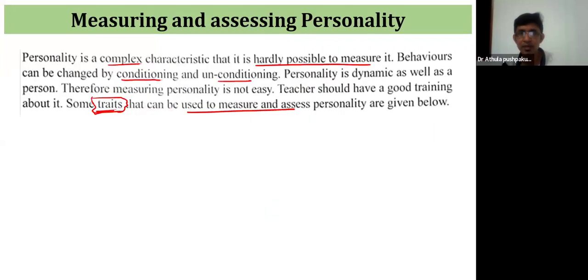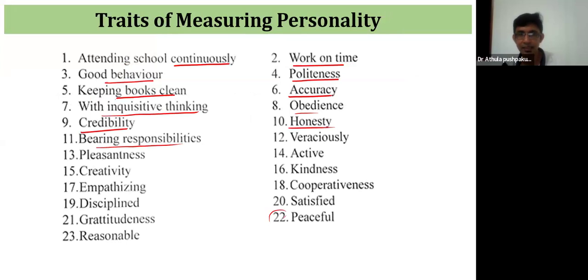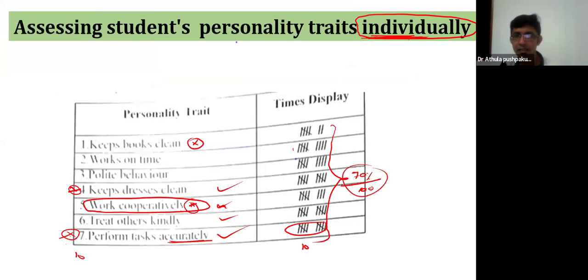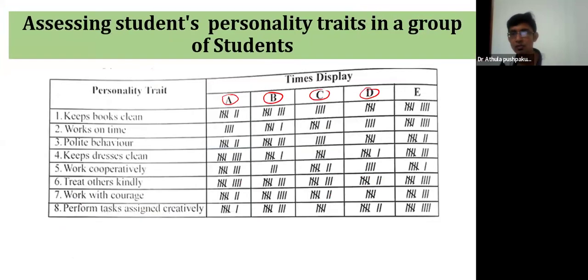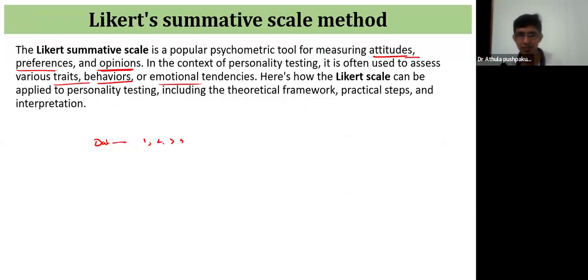We can use some traits to measure personality. These are the traits for measuring personality. Using these traits, we can measure individually and also as a group. The personality means we wish to measure attitude, preference, opinion, traits, emotions, like this. Mostly we use the Likert scale to measure these situations.